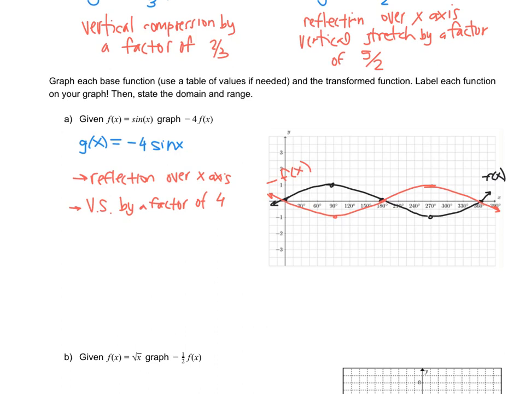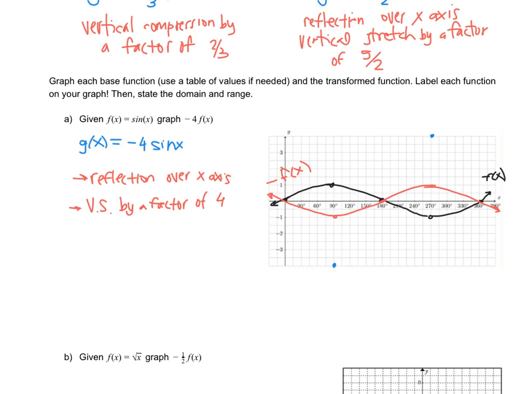So this point, that's a minimum, is going to get pulled all the way down to -4. And then this point here, that is a maximum right now, its distance from the x-axis is 1. So I want to quadruple that distance. And again, it will be 4 units away, but this time in the positive direction.